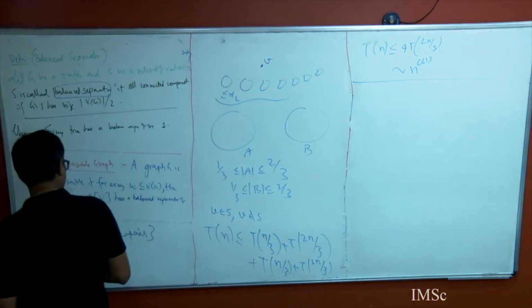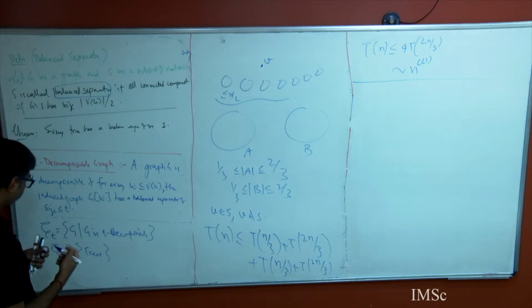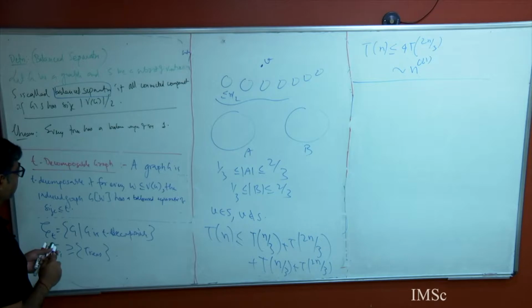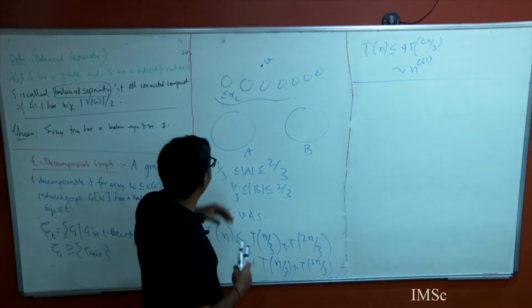We also saw a linear time algorithm for this on trees. So we wanted to repeat this success, and to do so we defined the notion of a T decomposable graph. So what was a T decomposable graph?